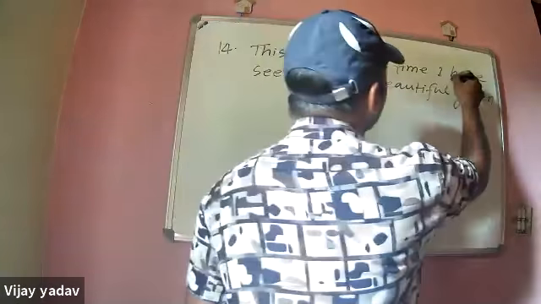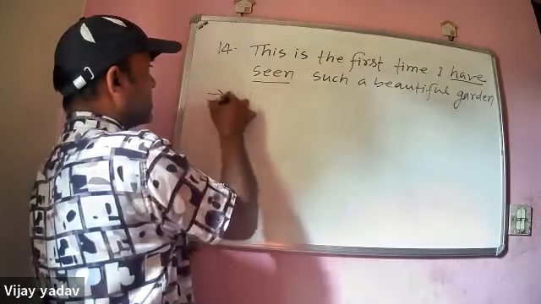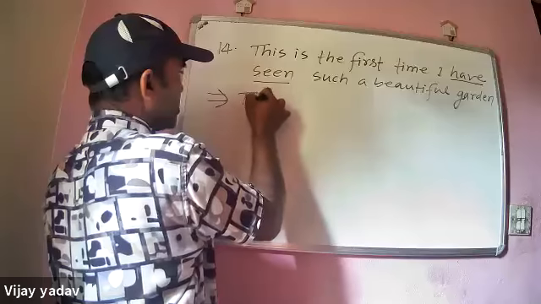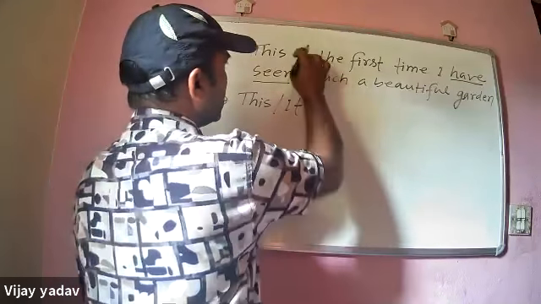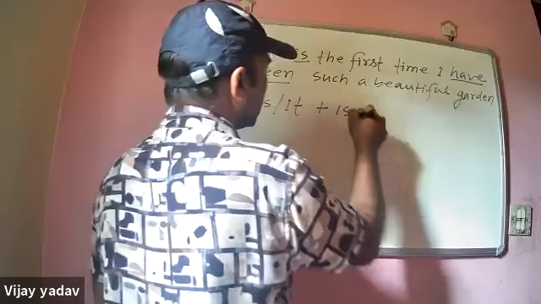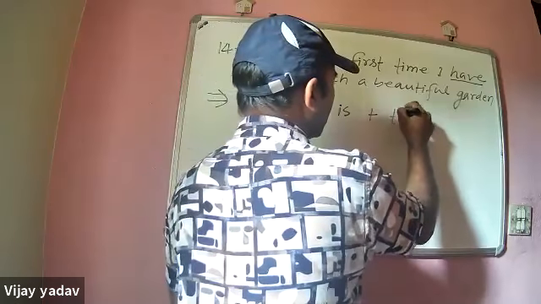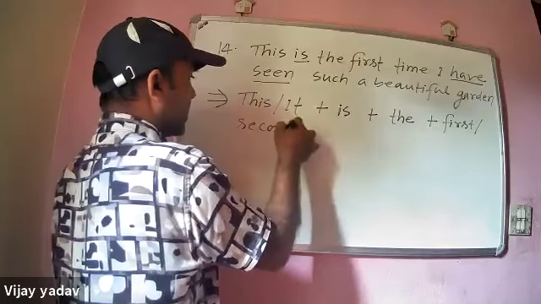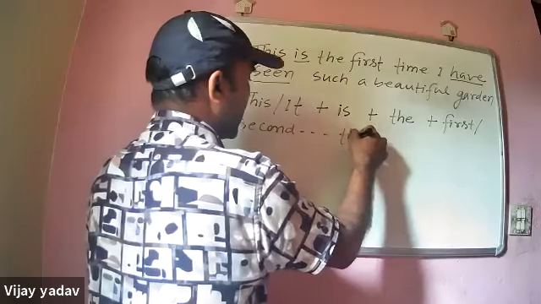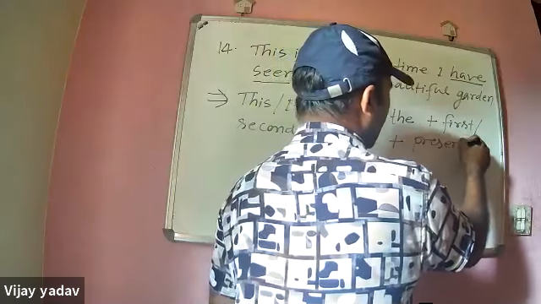So here what we use, have seen. It's a structure. Let me write. This, or it, then we use is. Then we use the. Then we use first, second, etc. Time plus present perfect.